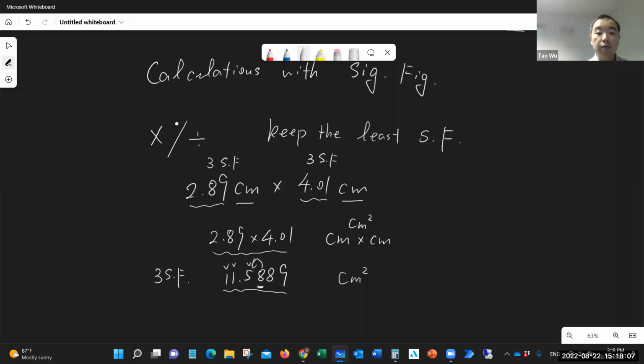Then that's going to be 11.6 centimeter square. So now you're keeping 3 sig figs, and you also have the unit. So that's 11.6 square centimeter. Are you with me? Okay.